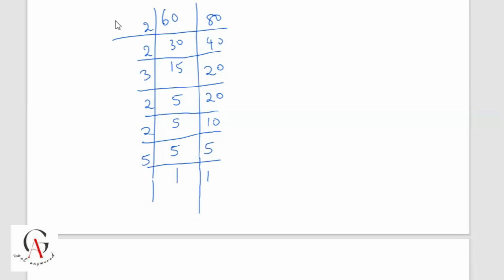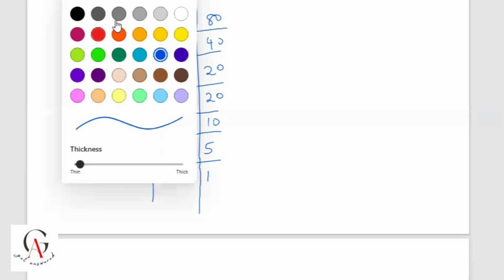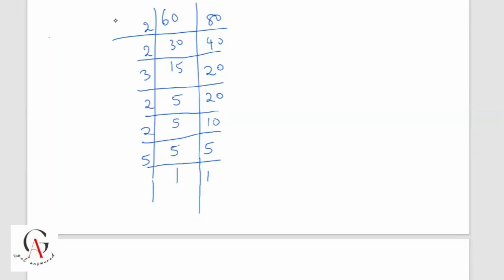Okay. Now, since everything is 1 and 1, then I can find my LCM by multiplying these numbers here. So how many 2's do I have? It's 1, 2, 3, 4. So 2 to the exponent of 4 times there's just 1, 3. And then there's just 1, 5.